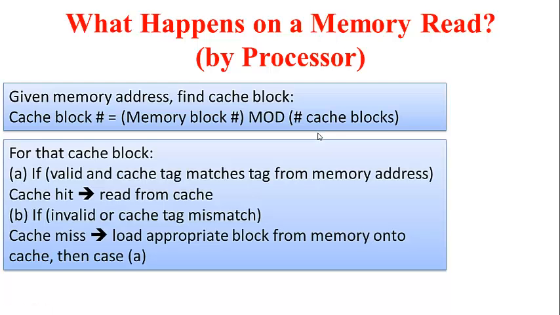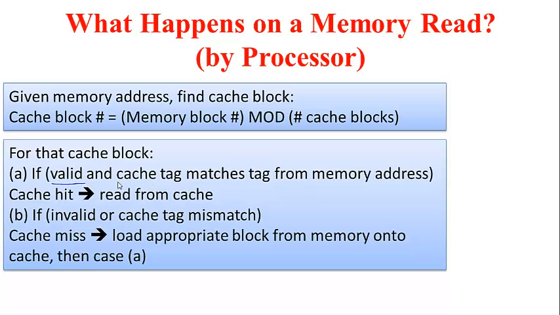Having identified the cache block where the data corresponding to that memory address could potentially be present, we have to check whether the data is indeed present. We use the metadata bits corresponding to that cache block and first check whether the valid bit is set. This will indicate that that particular cache block indeed has valid data.